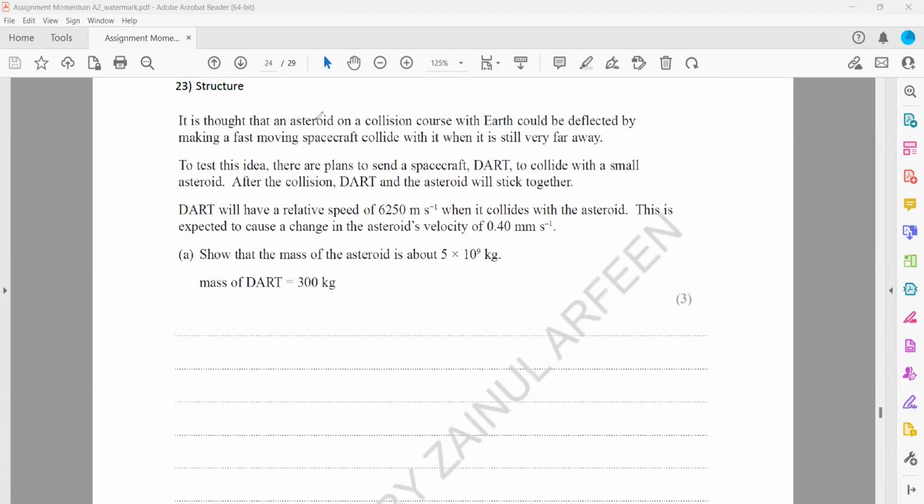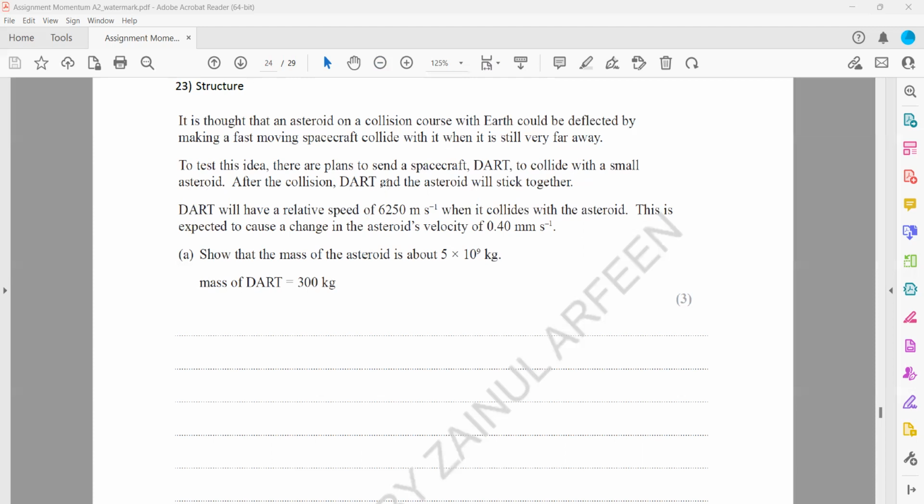An asteroid is on a collision course and it can be deflected by making a fast moving craft collide with it, which is still very far. To test this idea, the spacecraft DART collides with a small asteroid.